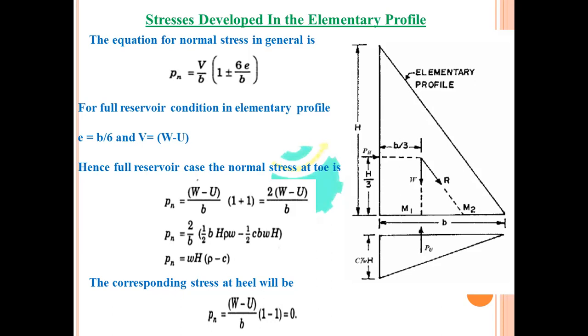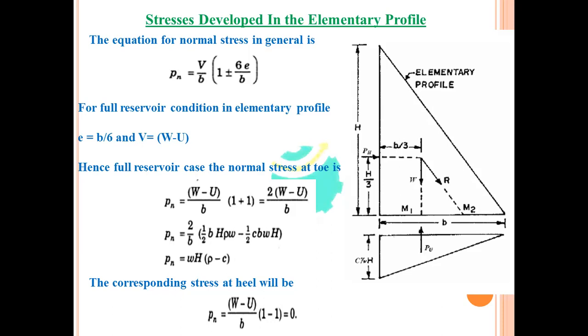For designing of the base width, we are considering the reservoir empty condition. After fixing the base width, we are calculating the stresses. In stresses, we are taking the consideration of reservoir is full condition.